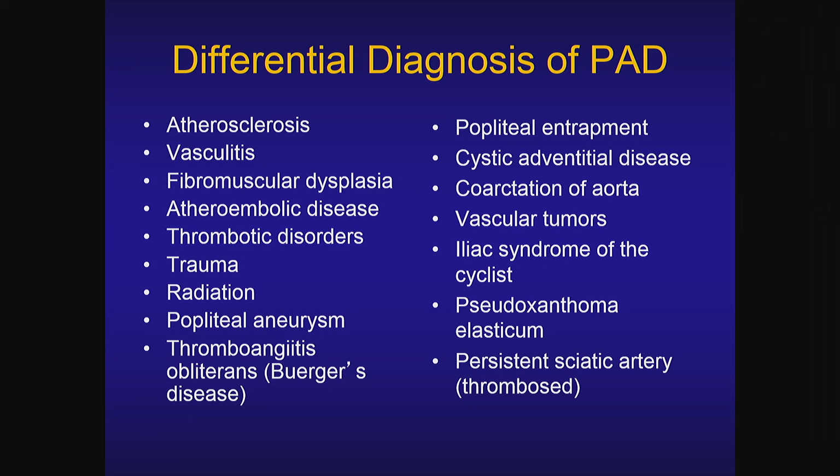Coarctation of the aorta can easily present with lower extremity claudication in the absence of typical atherosclerotic disease. Vascular tumors and pseudoxanthoma elasticum are some of the rare causes, and of course the iliac artery endofibrosis, or the iliac syndrome of the cyclist, can occur in vigorous cyclists.